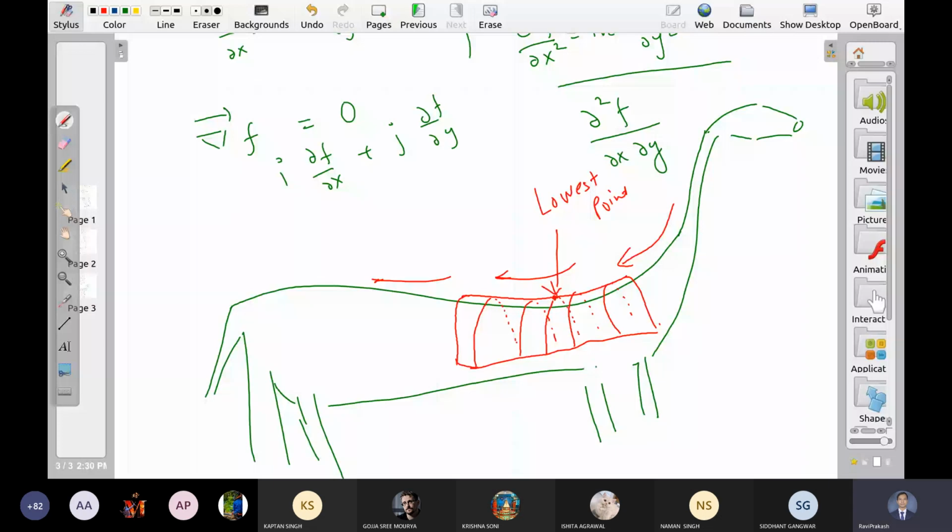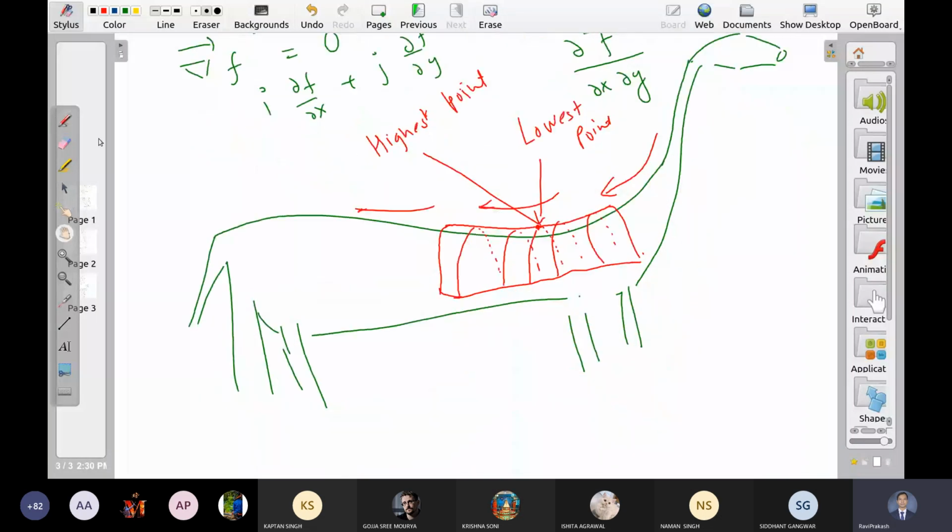So it depends on how you approach this point. Along the length of the horse, the same point behaves as a lowest point. Along the width of the horse, the same point behaves as a highest point. What about derivatives? So let us say the length of the horse is the x-axis. The width of the horse is, let's say, along the y-axis.